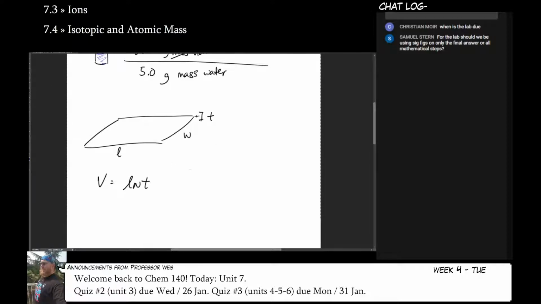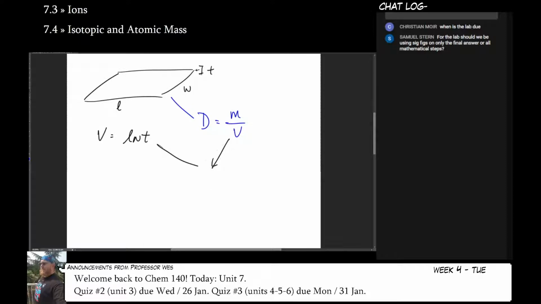Now, we also know that the density of this, which is made of aluminum, is its mass divided by its volume. We can put both of these things together to get the following expression. The density of the aluminum is equal to the mass divided by the volume, which is just simply this.